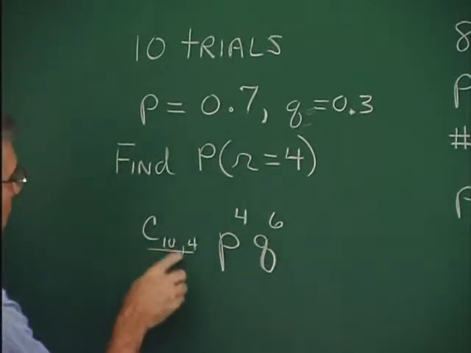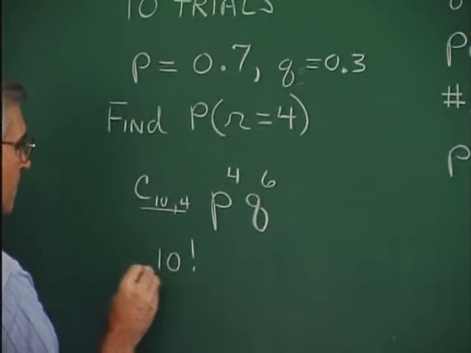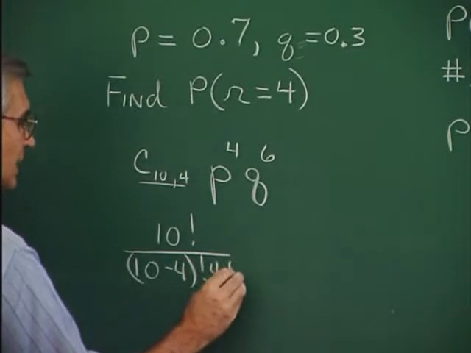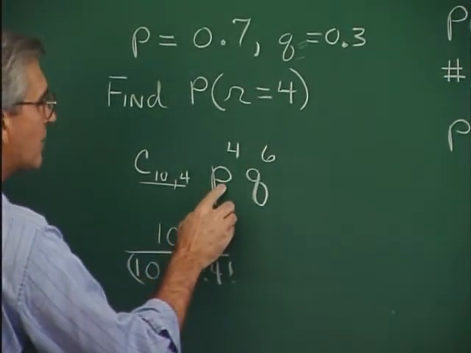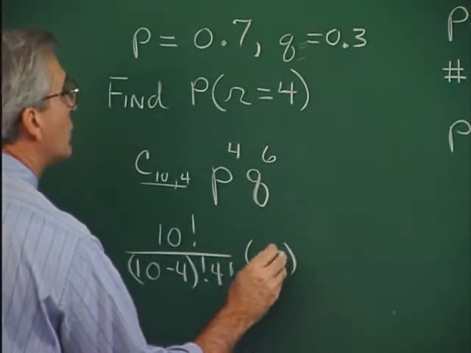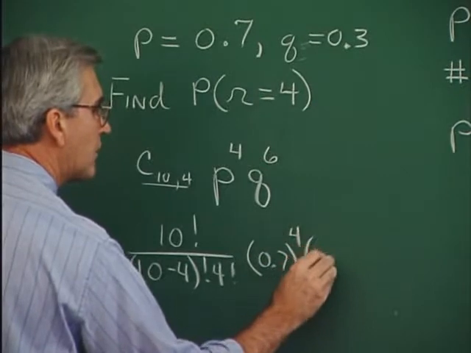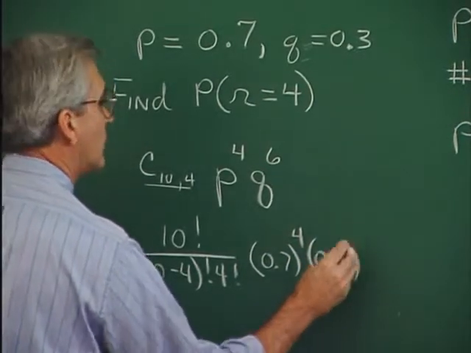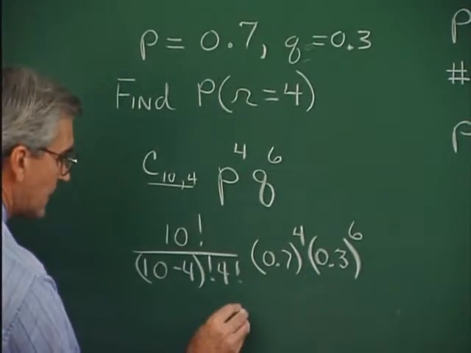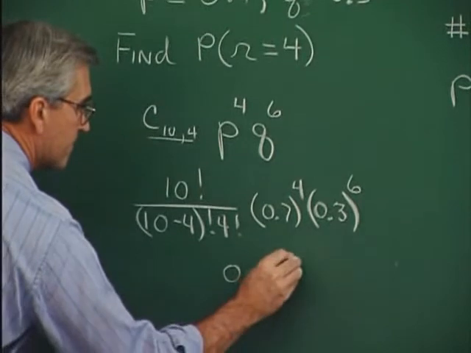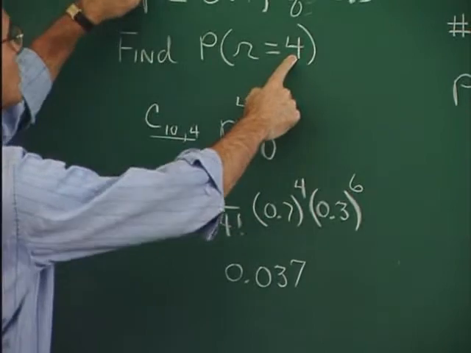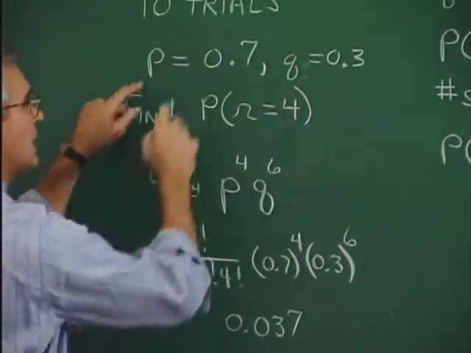This combination is 10 factorial over (10 minus 4) factorial times 4 factorial. Then P is 0.7 raised to the 4th power, and Q is 0.3 raised to the 6th power. When we punch this into the calculator, we find this is the probability of 4 successes in 10 trials, given that the probability of success is 0.7.